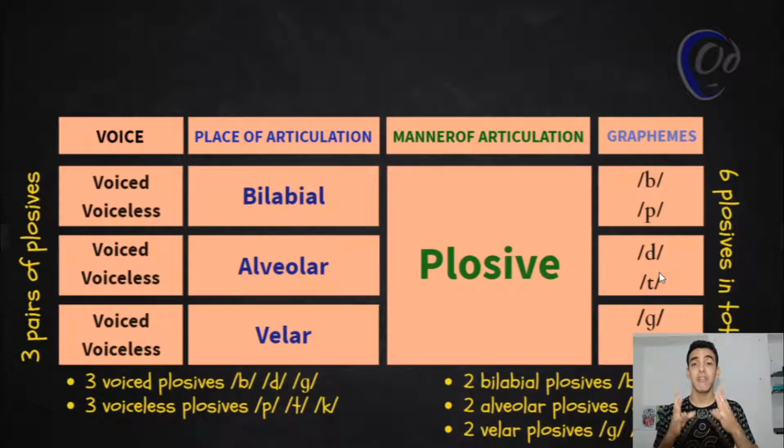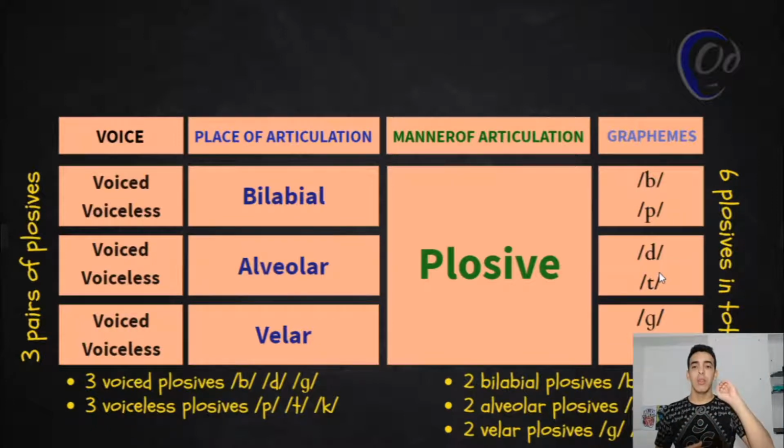How do we produce alveolar sounds? By placing the tip of the tongue against our alveolar ridge. Bilabial sounds are made by placing both lips together. So bilabial, both lips; alveolar, touching the alveolar ridge with our tongue; and velar, the velum with the back part of the tongue.